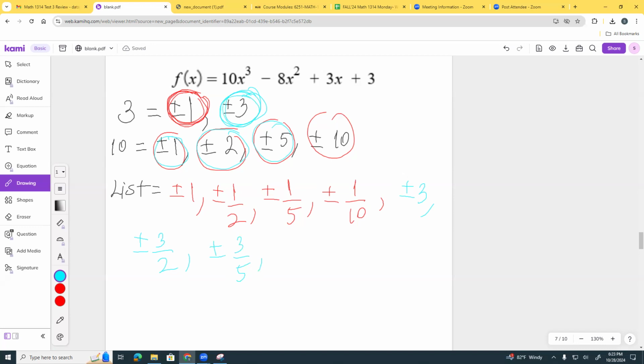And 3 divided by 10 is 3 over 10. So this is the answer they expect us to give on the test. Plus and minus 1, plus and minus 1/2, plus and minus 1/5, plus and minus 1 over 10, plus and minus 3, plus and minus 3 over 2, plus and minus 3 over 5, plus and minus 3 over 10.